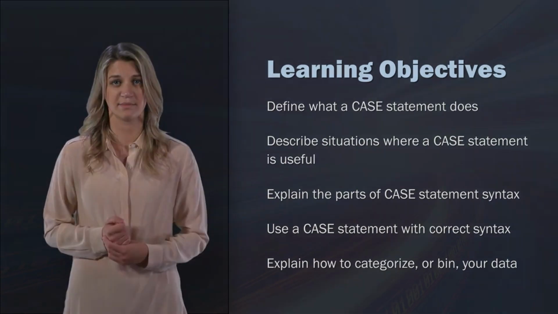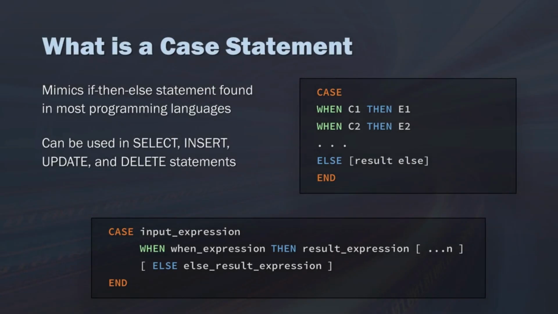Let's begin. The case statement is a built-in function that mimics an if-then-else kind of statement found in most programming languages. This can be used in select, insert, update, and delete statements. The logic that the case statement takes is as follows. You're going to say case, and then when, and then you'll have a condition. Then after you say the condition, you'll put then, and what the result expression will be.